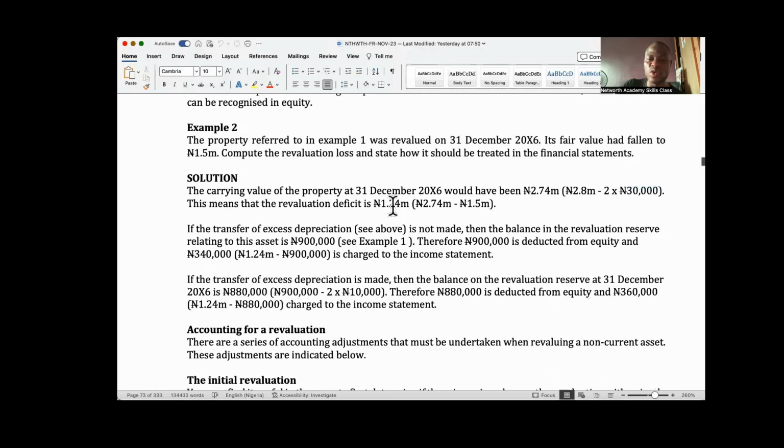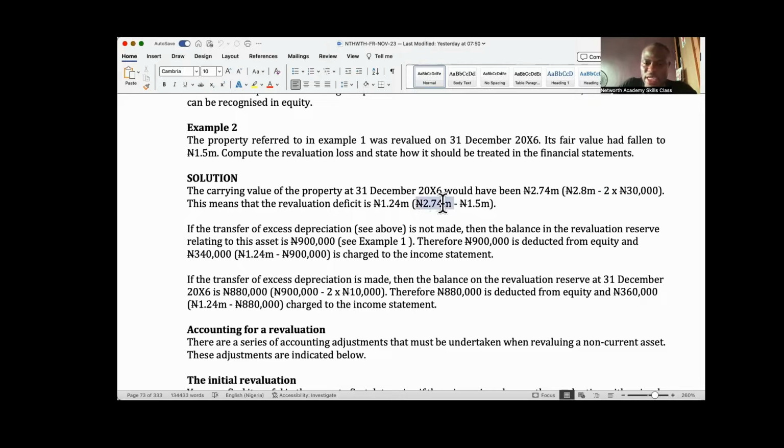Since this revaluation was done in 2006, we will have charged depreciation for 2005, which is the year we had this new value, and we also charge depreciation for 2006. That's 2 years. So the accumulated depreciation till the date of revaluation is 2 years multiplied by 30,000. Whatever we get, when we remove it from this 2.8 million, we get 2,740,000. And that is the carrying amount.